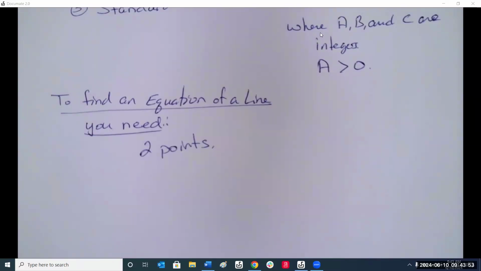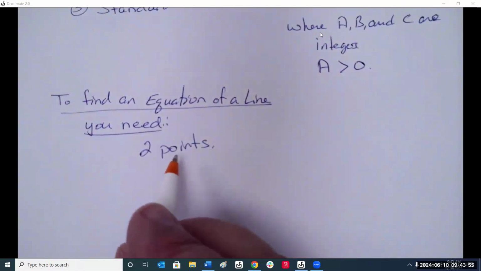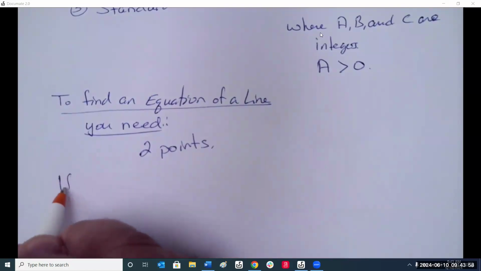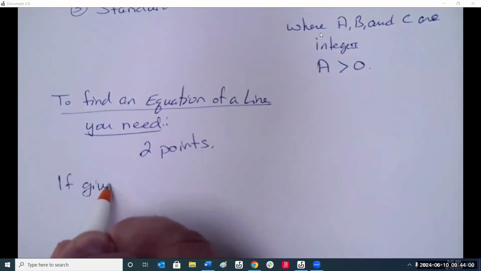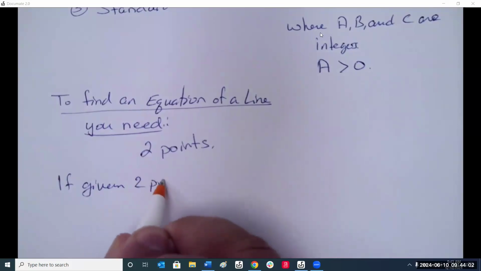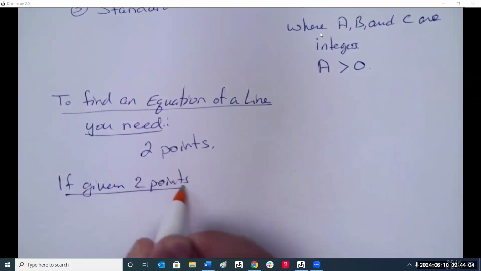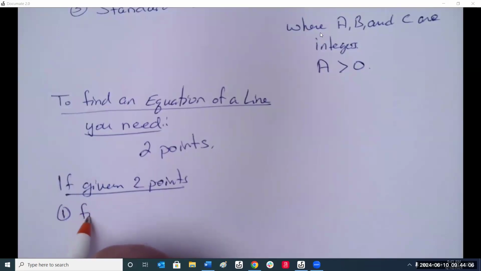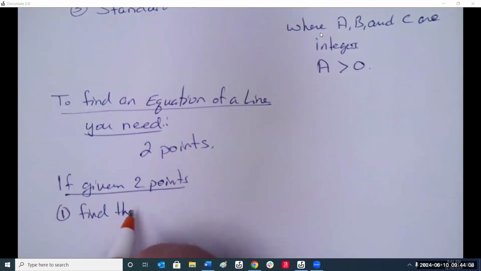If you're given 2 points, the first thing you have to do is find the slope.